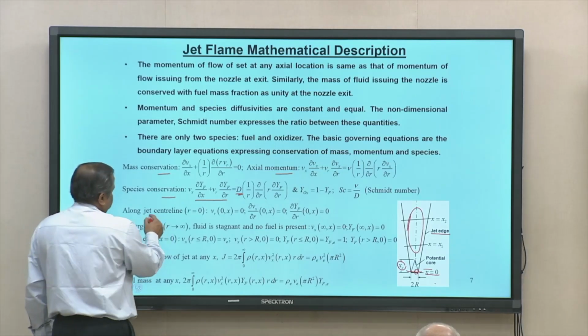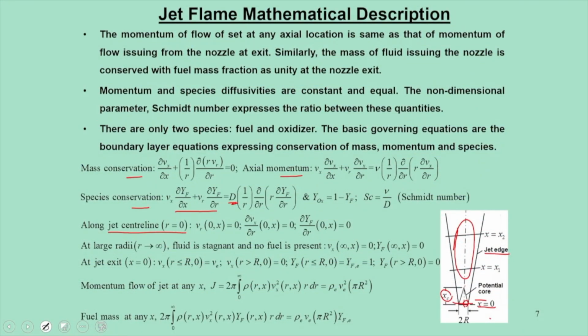First case is along the central line of the jet, which is r equal to 0. Here we have the velocity components: Vr stands for the radial velocity and Vx stands for the axial velocity at different x. So these notations tell you which velocity we are looking at.